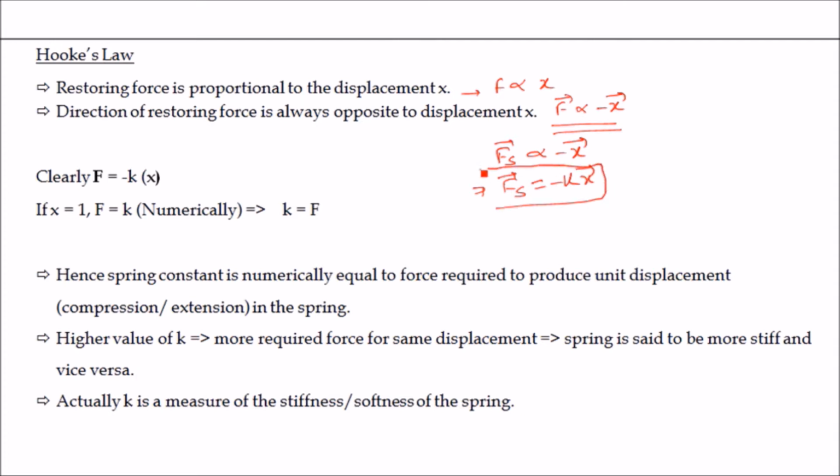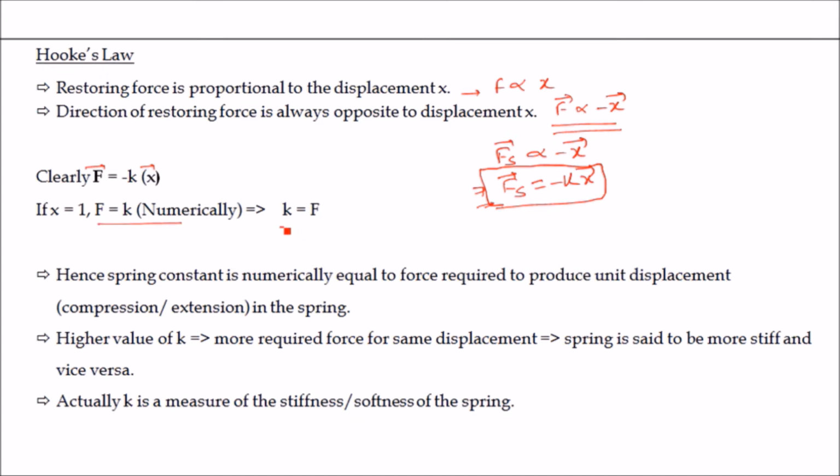So this is the formula of the spring restoring force. Clearly vector F is equal to minus K into vector S. If I put the value of x equal to 1, that is, if I compress or expand the spring by a unit length, then the force is equal to K.